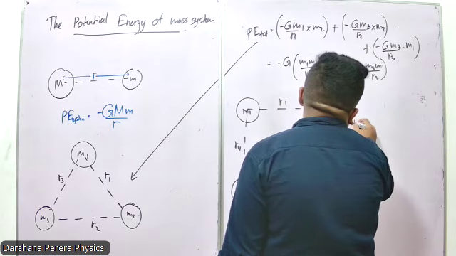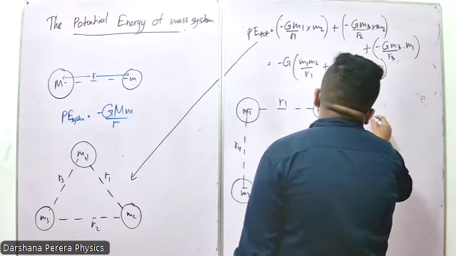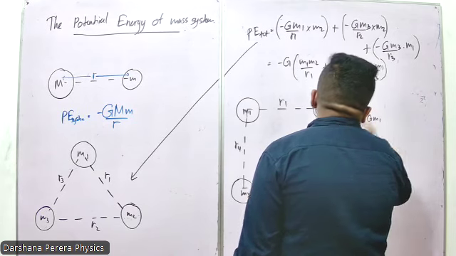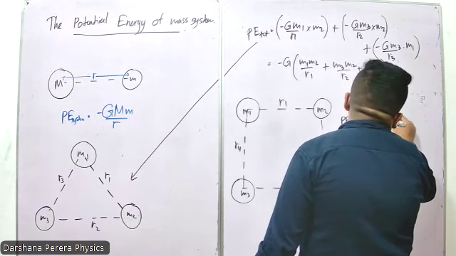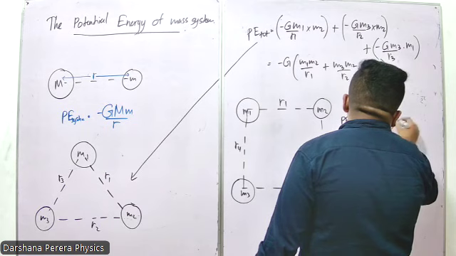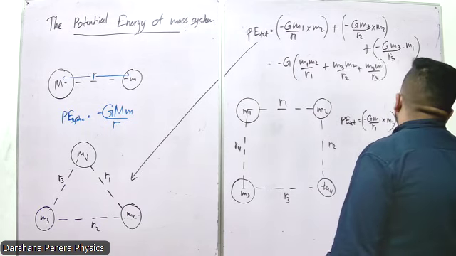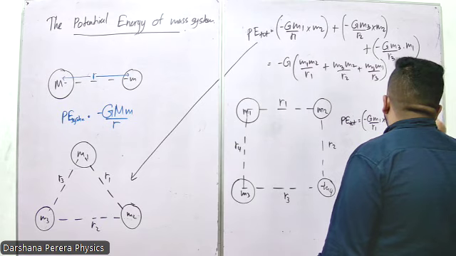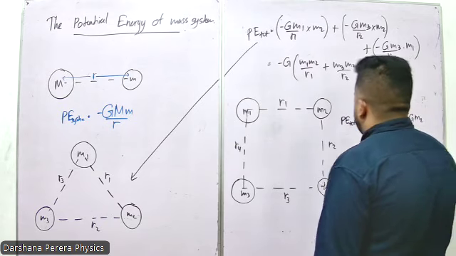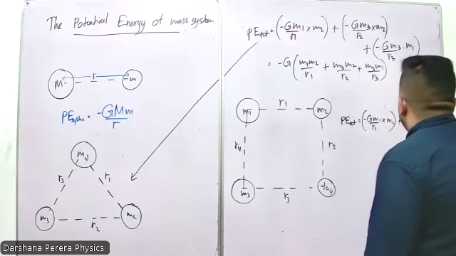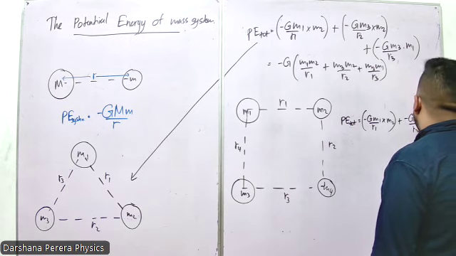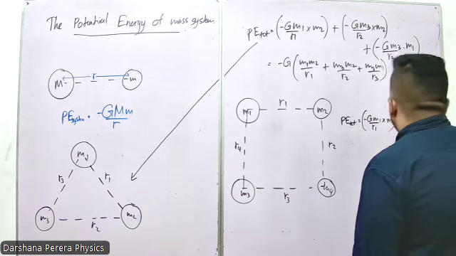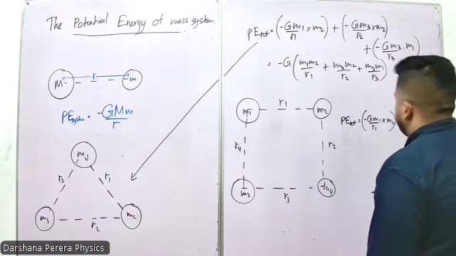Total PE equals minus G M1 over R1 into M2, plus minus G M4 over R2 into M2, right?